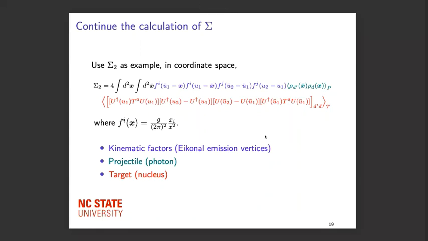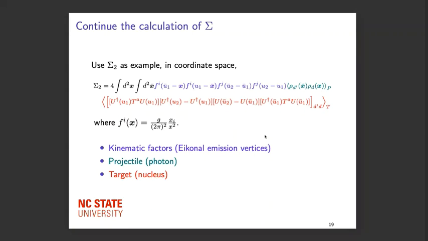Now, as a demonstration, the expression for this matrix element has three components, right? You have a bunch of eikonal Green's functions, those are just eikonal emission vertices, and then you have the projectile average. For now, I haven't used any model yet.